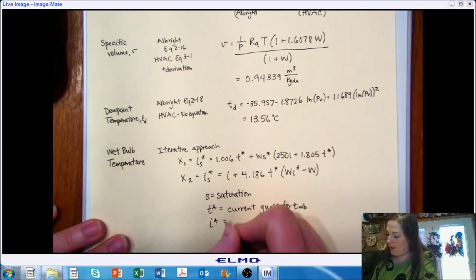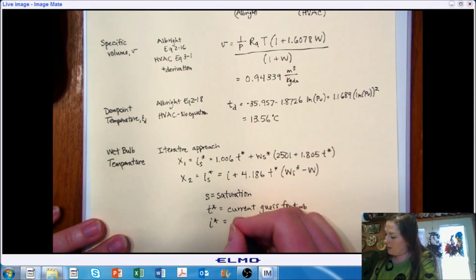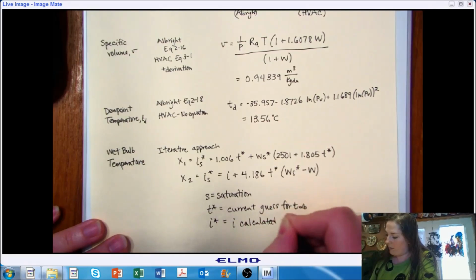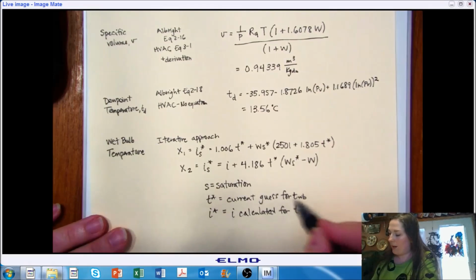And then the enthalpy star is enthalpy that's been calculated for the current guess of wet bulb temperature.